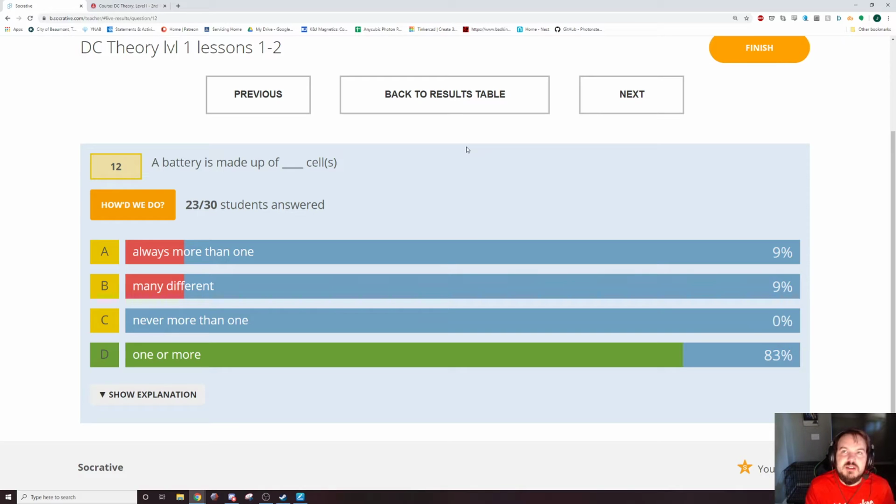If you've ever seen the potato battery science experiment, that is a single cell battery, and you can link the potatoes together in a way that increases the voltage, and it would make a multiple cell battery.